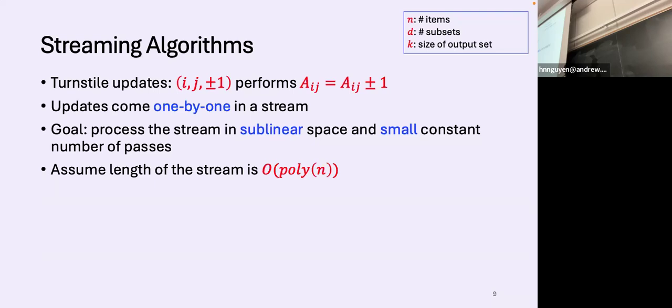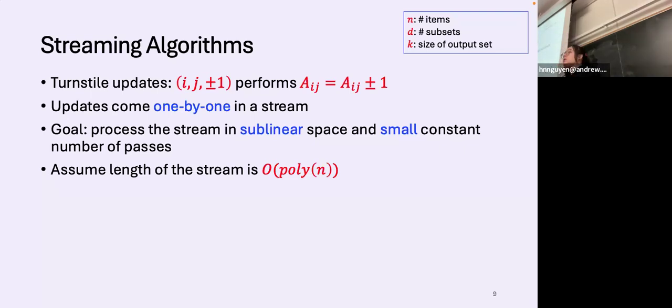One question, is the problem much easier if you only need a succinct representation of the matrix A? I mean, A is given to you all at once, and you create a maybe sparse or succinct representation of A, and then you use it to solve the maximum k-coverage problem. The only difference is you don't have to do the streaming. So you mean if I just have direct access to A?